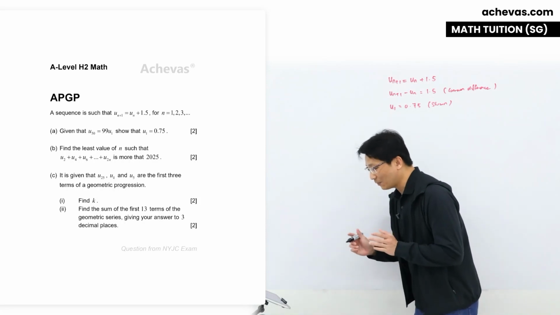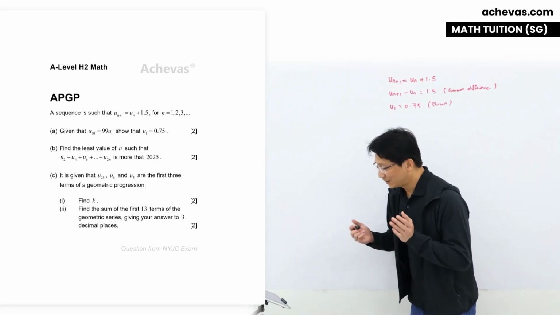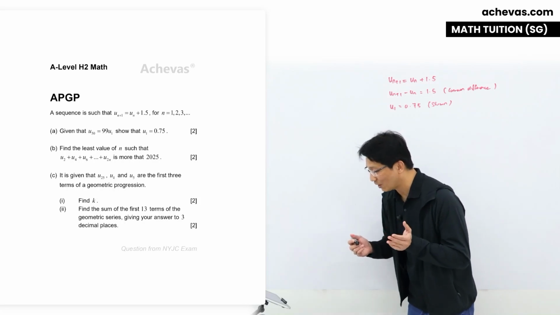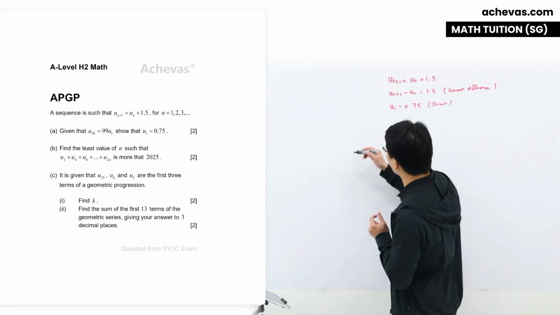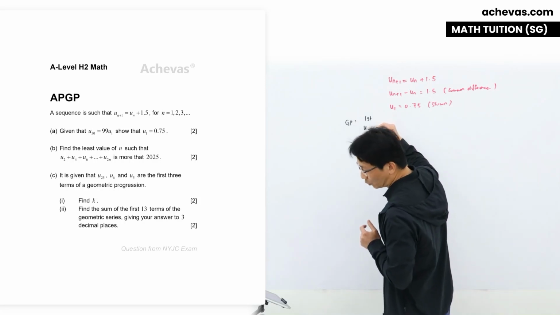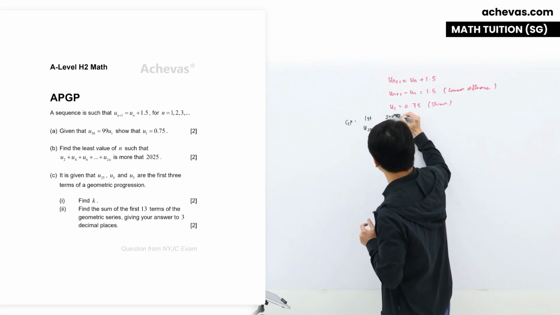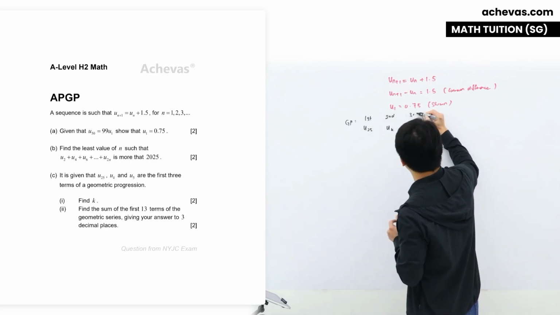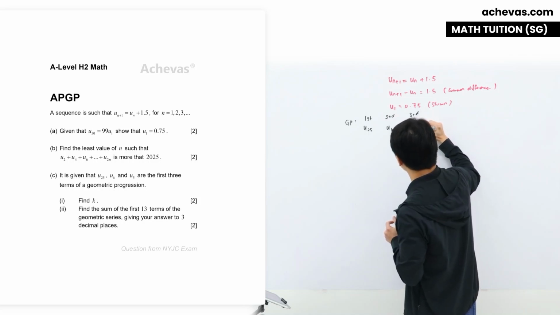Let's write down the information given by the question. Since U25, Uk, and U5 are the first three terms of a GP, I'm going to write down GP. The first term will be U25, our second term will be Uk, and my third term will be U5.